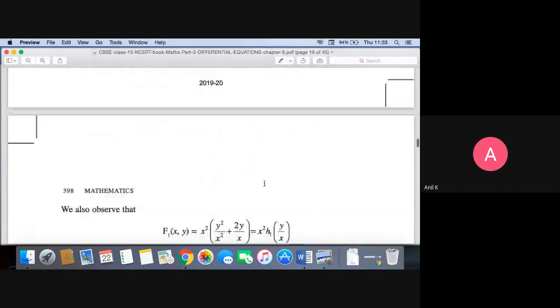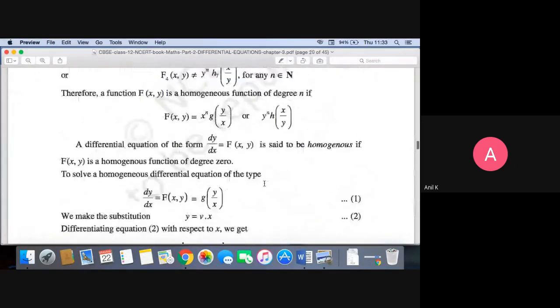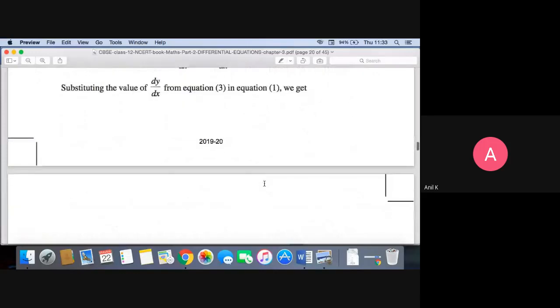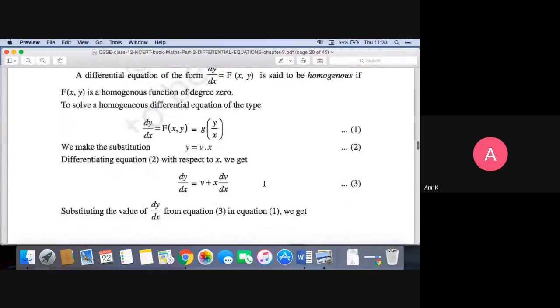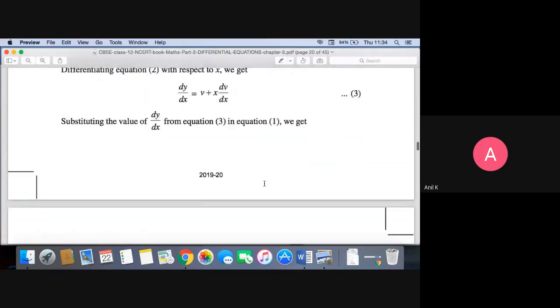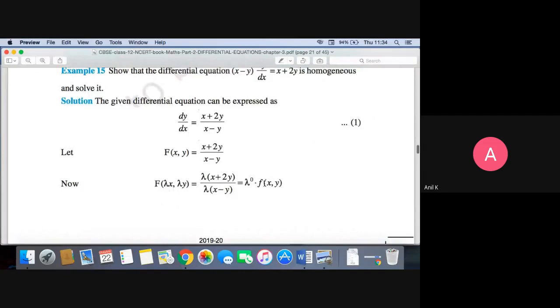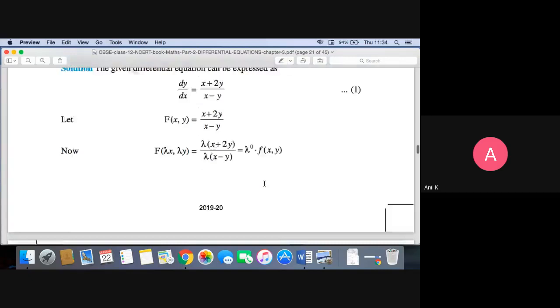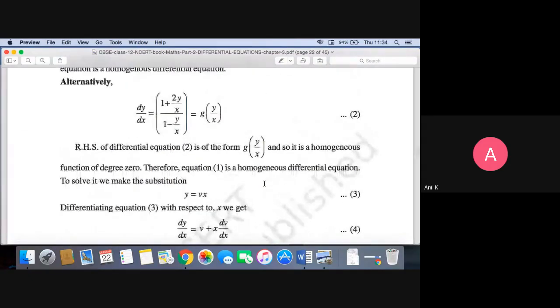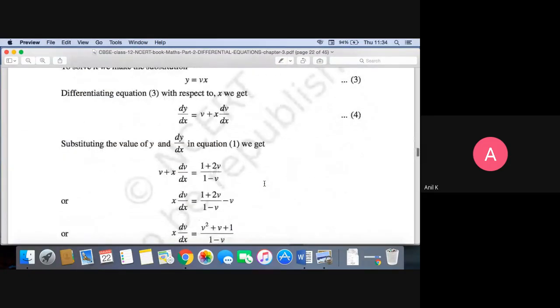Now what is the use of homogeneous and non-homogeneous functions? We have a standard method to solve a homogeneous function. What is that standard method? We will see now.